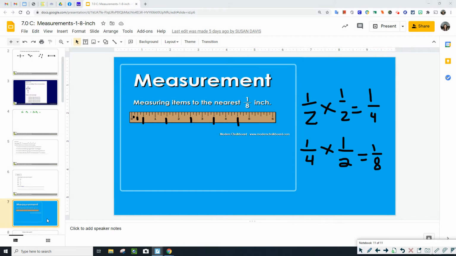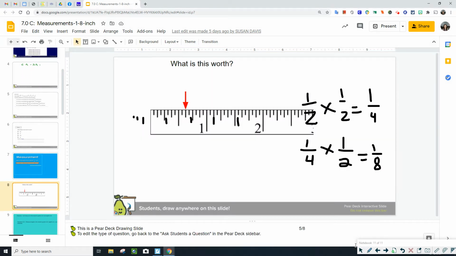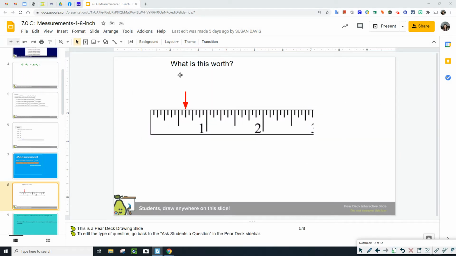Okay, so I want to show you that. It says, what is this worth? As I look here, I can see here's my whole. This is my half, and I can even put that on if I want. This would be 1/4, 2/4, and this would be 3/4. So how many eighths is this? That's what we're really trying to think.